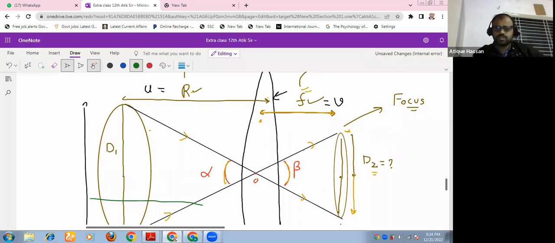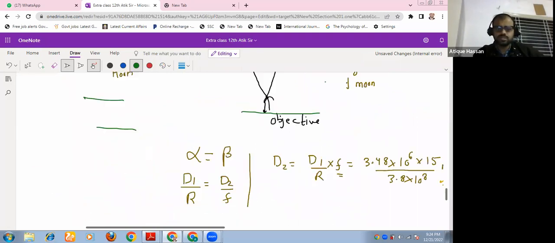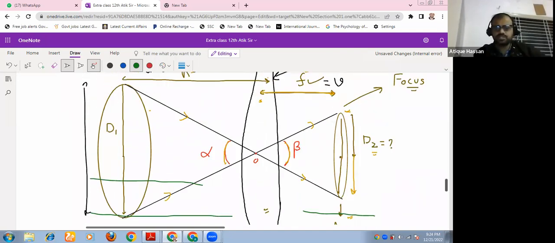So alpha is d1 by r, and suppose d2 is the diameter of the image, and obviously this should be equal to the focal length f.